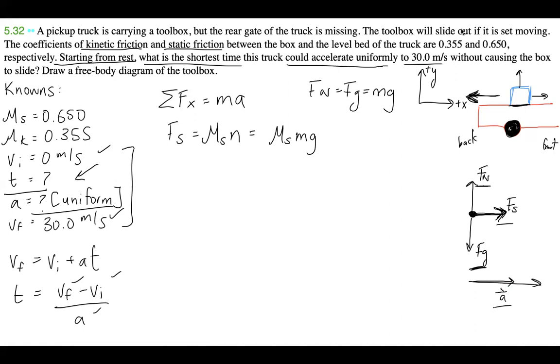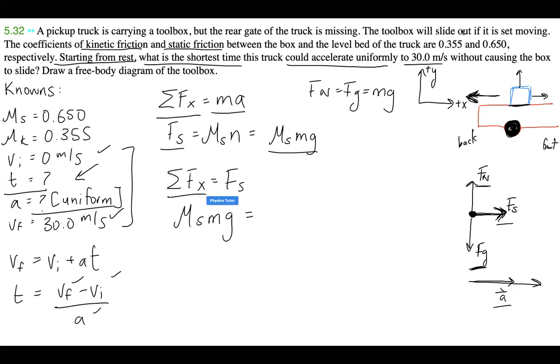So that means that these two are equal to each other, right? The summation of forces in the x direction. This makes a little bit more intuitive sense. The summation of forces in the x direction is equal to the force of static friction, and static friction, we said, is mu s times mg.